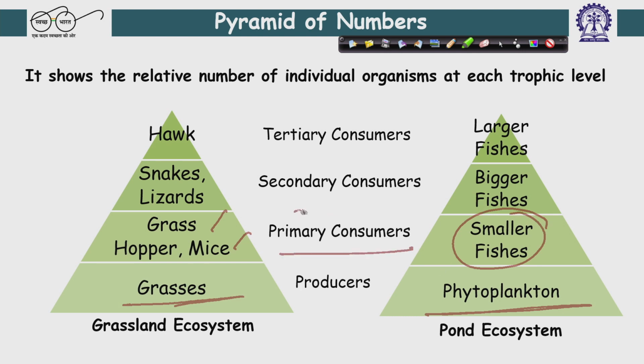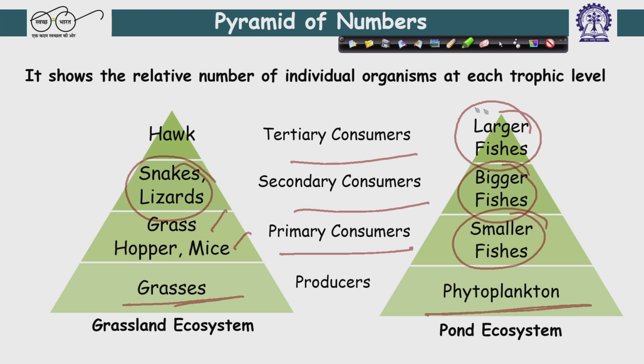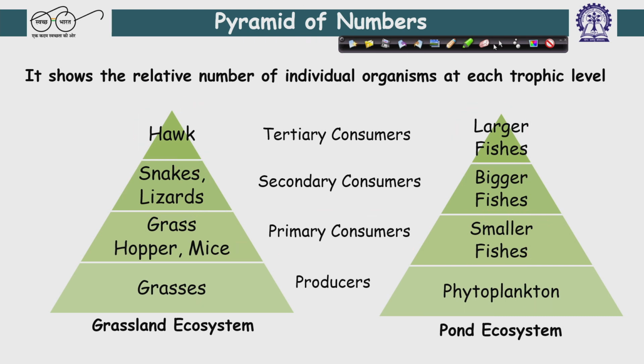Then the secondary consumers are bigger fishes, or here snakes and lizards. Then the tertiary consumers are the larger fishes, and a hawk as well. As you can see, it shows the relative number of individual organisms at each trophic level, which helps in keeping the balance of any ecosystem.